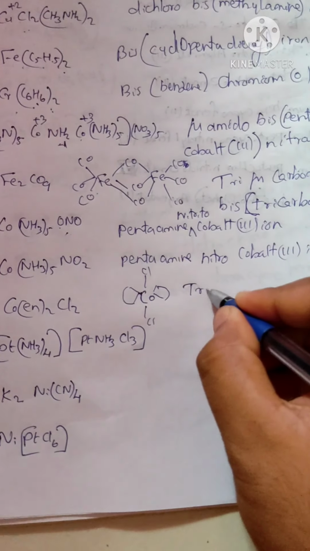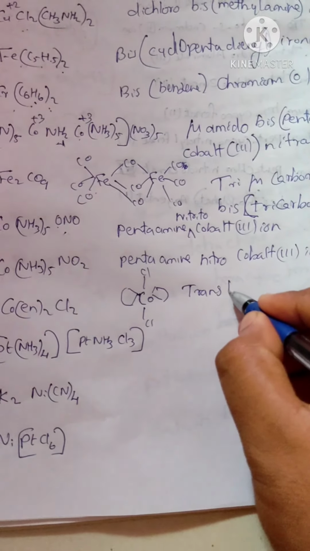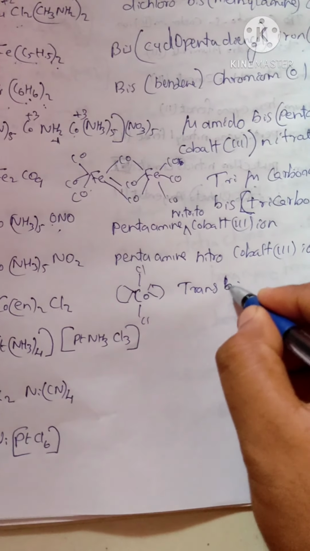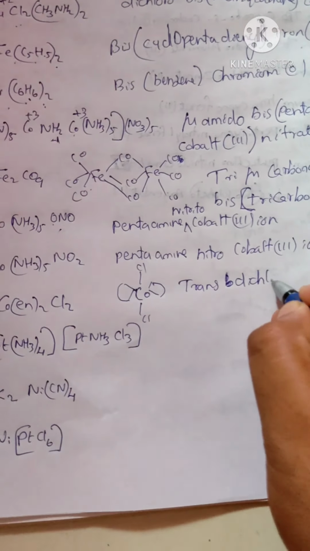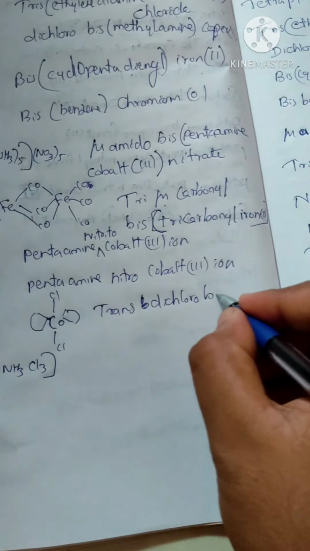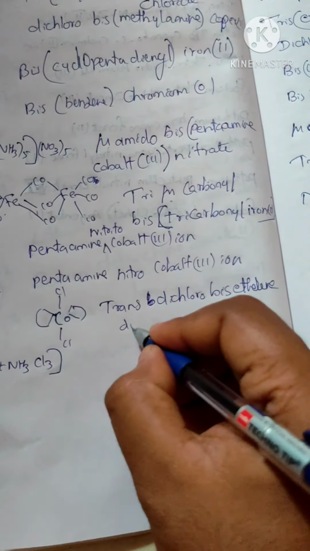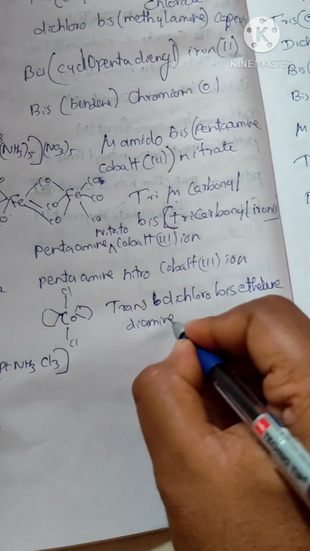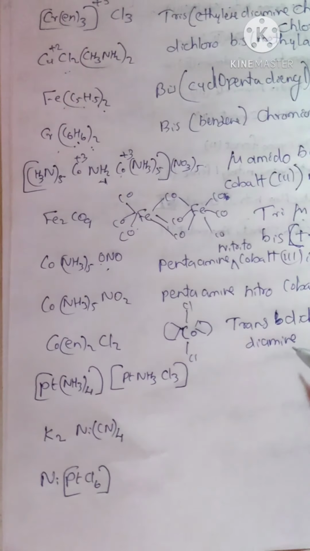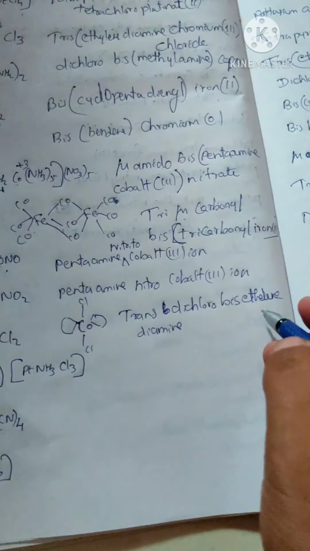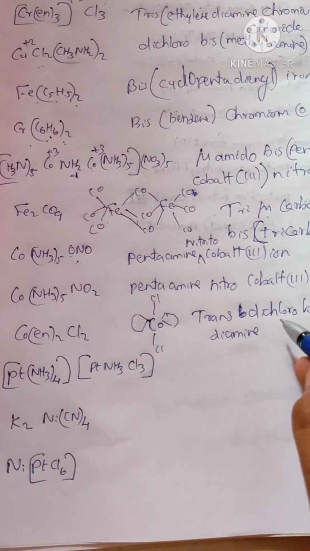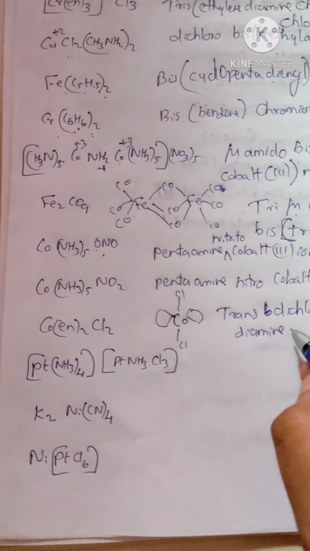So we have to write trans dichloro bis ethylene diamine cobalt.